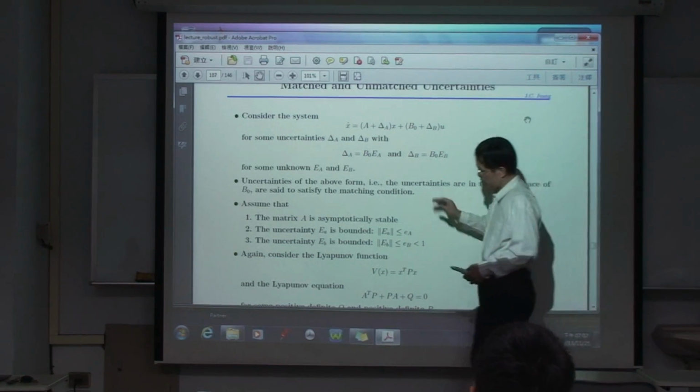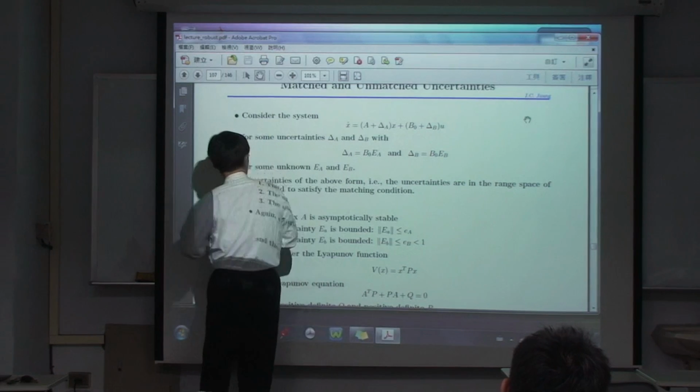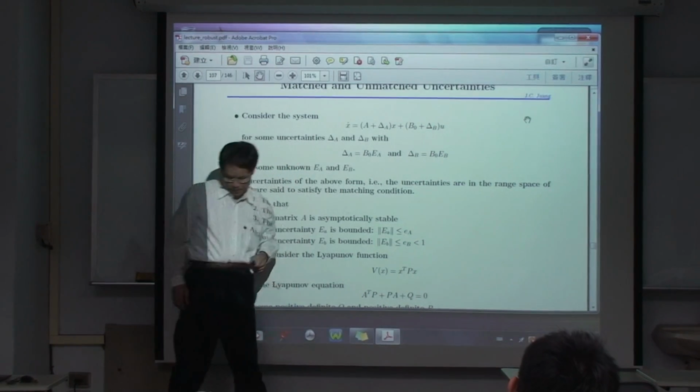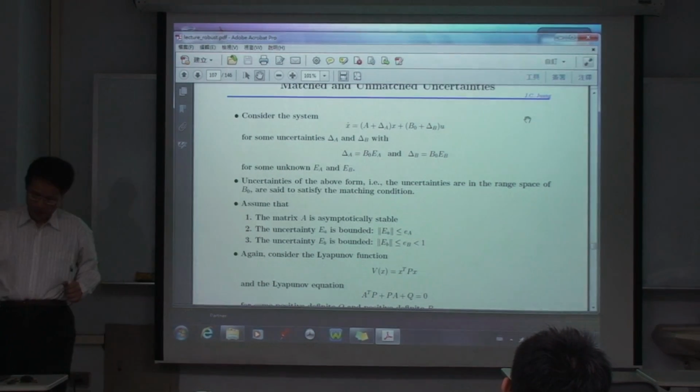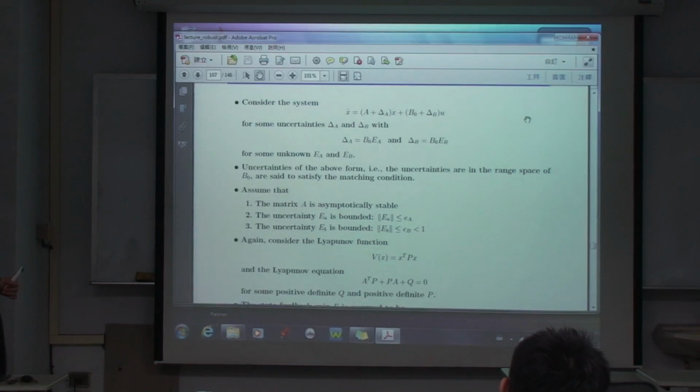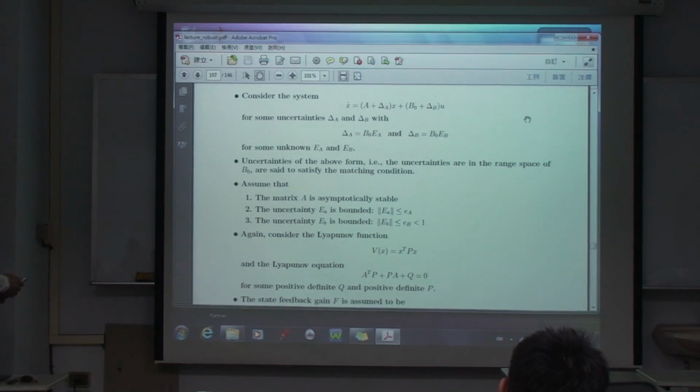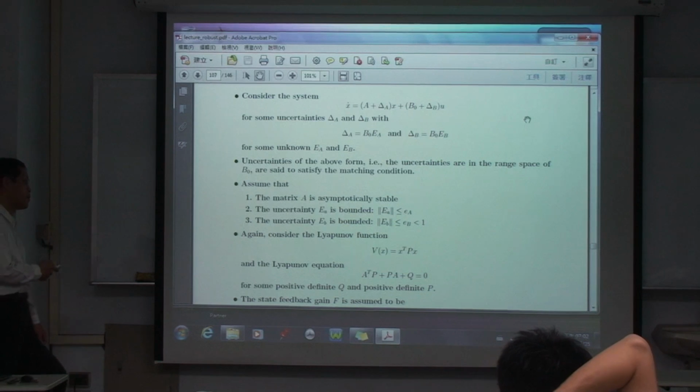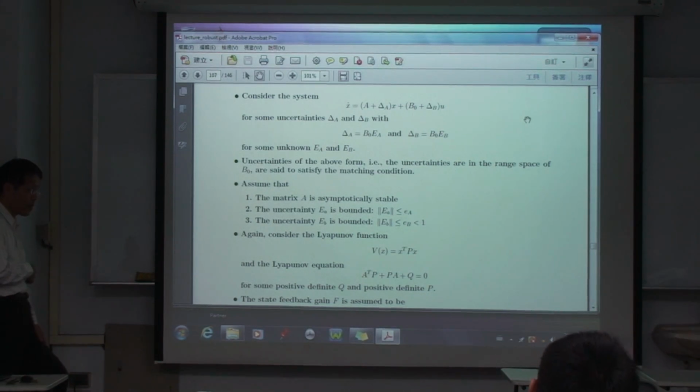So we'll look at this issue first and try to extend to unmatched uncertainty later on. Okay, with this matched uncertainty assumption, we need three additional assumptions. The first assumption may look odd to you, but it's indeed made without loss of generality: here we say the matrix A is asymptotically stable.